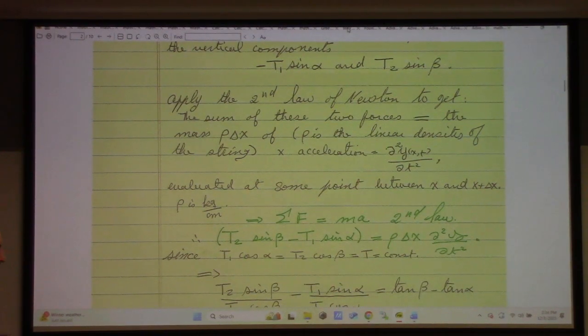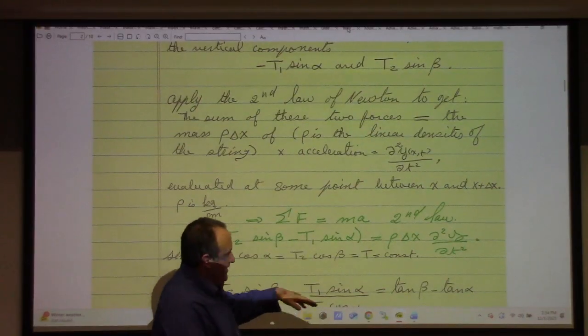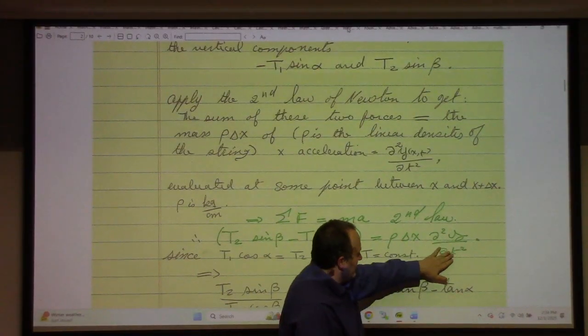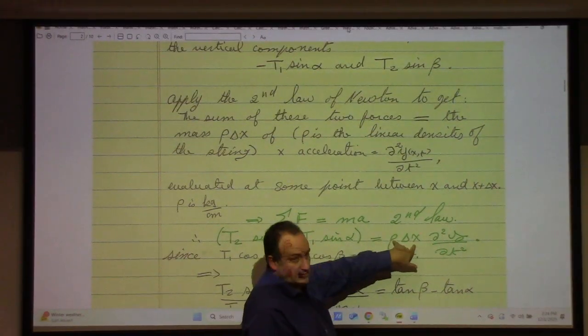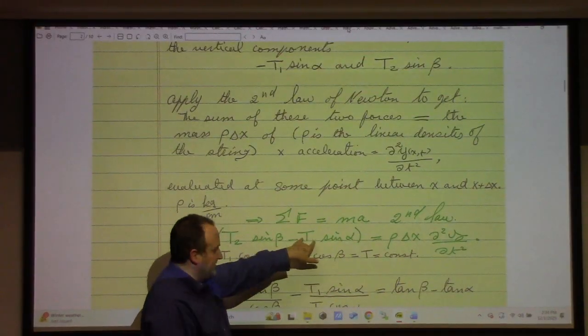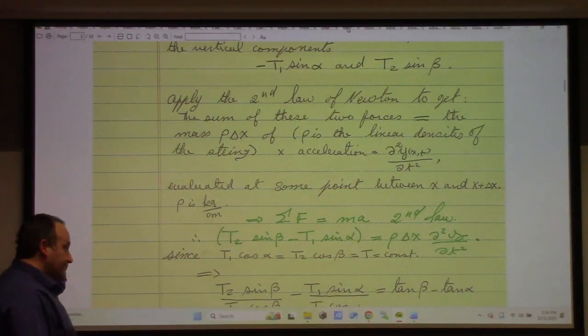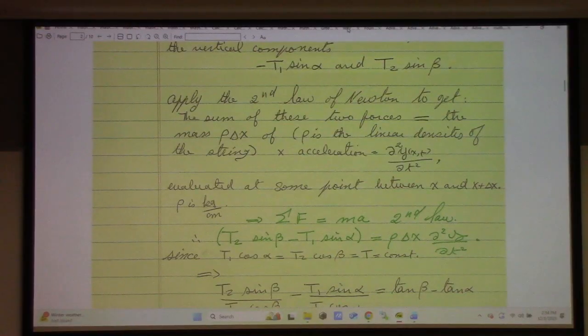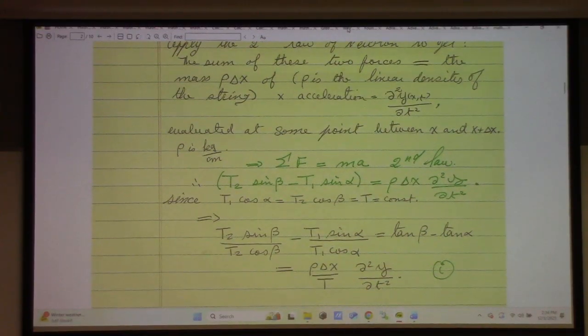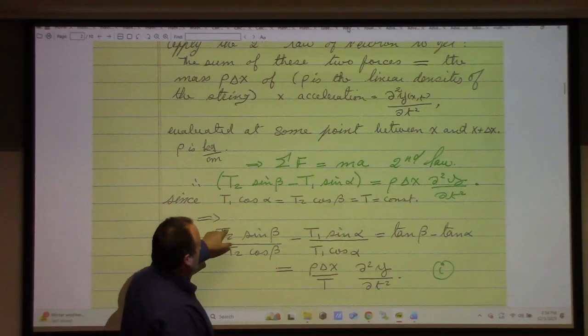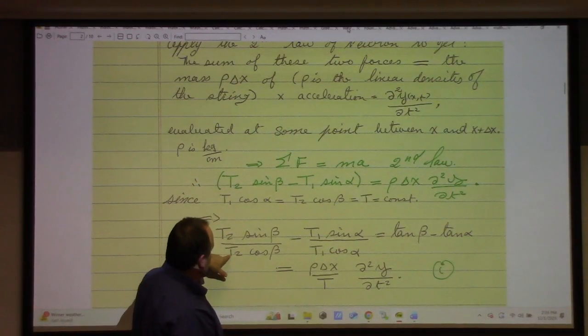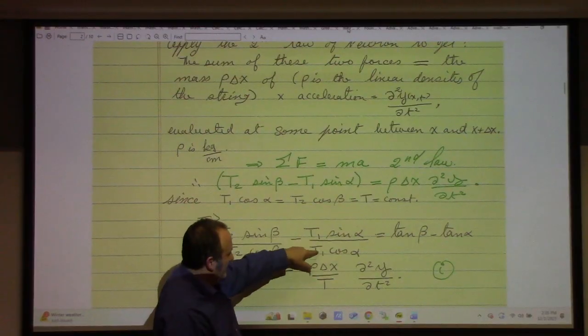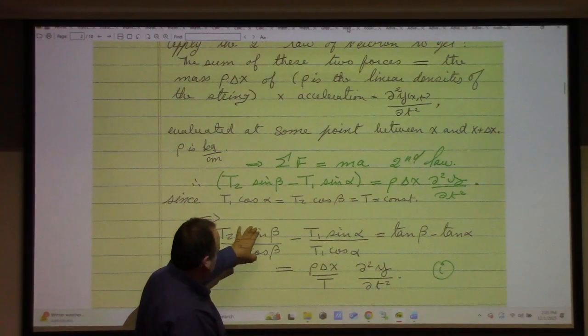Vertical forces, we're interested. And so we have the second partial derivative, the vertical acceleration times the mass, equal to the difference in these tensions. All right. So then, this is the kind of tricky part. If you take the quotient of T2 sine beta and T2 cosine beta, this is like the slope.